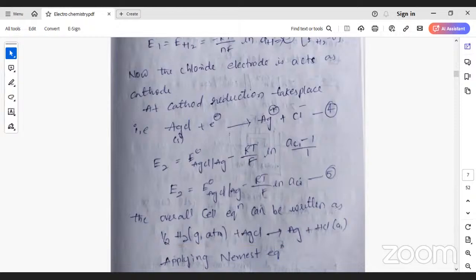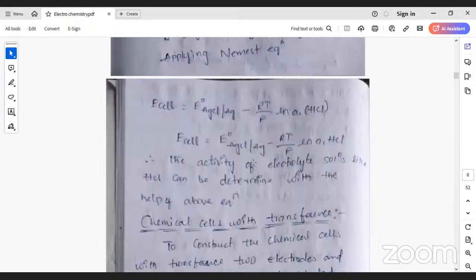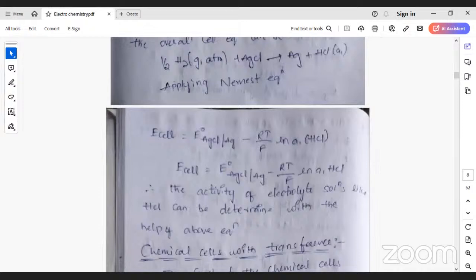This is the overall equation, right? So then apply the Nernst equation for this overall equation. What was that overall equation? The hydrogen electrode is converted to H plus, that is the oxidation. AgCl is converted to Ag and Cl minus, that is the reduction.